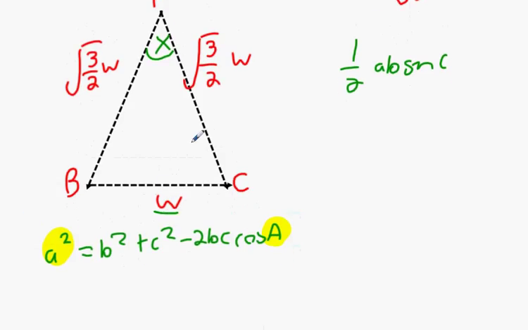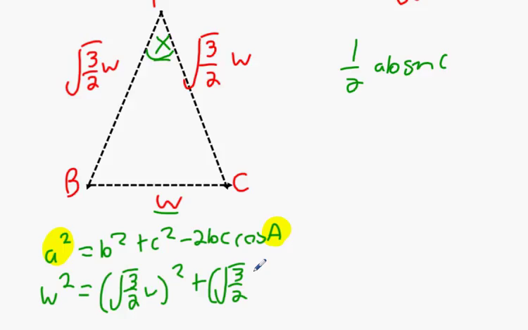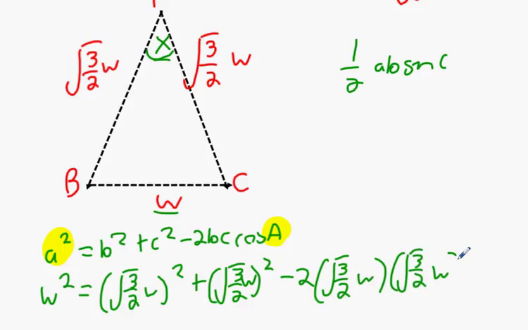Okay, so W and X. W squared equals root 3 over 2 W squared plus root 3 over 2 W squared minus 2 times root 3 over 2 W times root 3 over 2 W cos X. Is that okay?